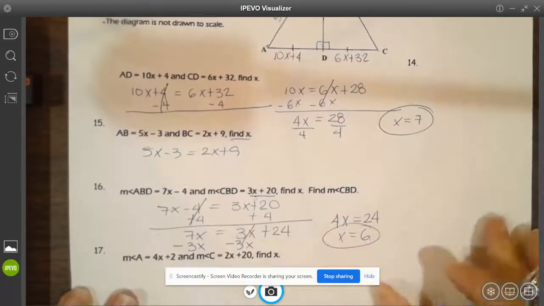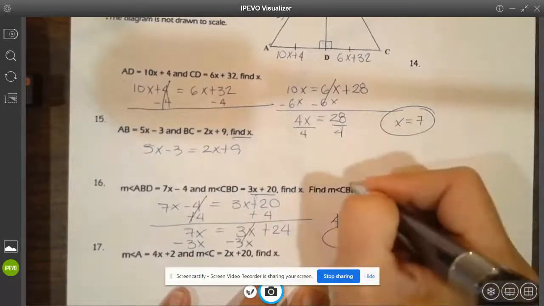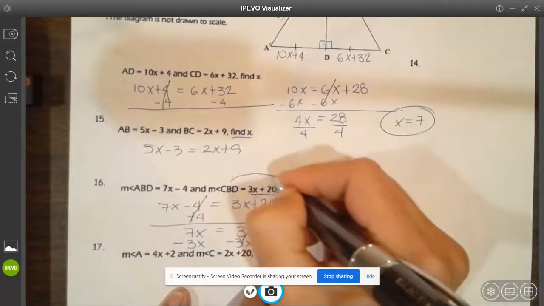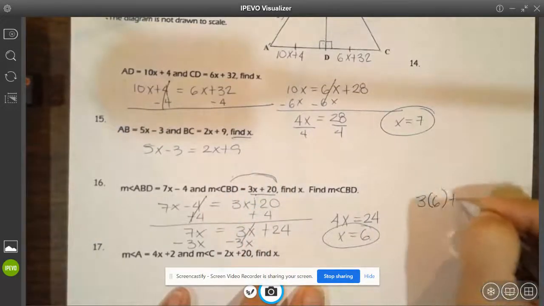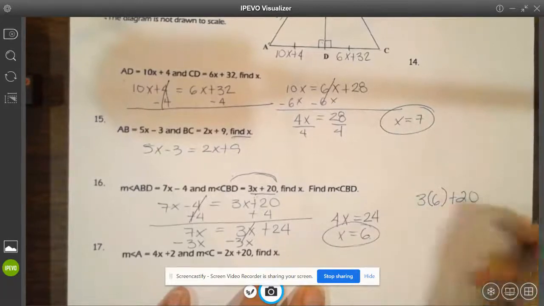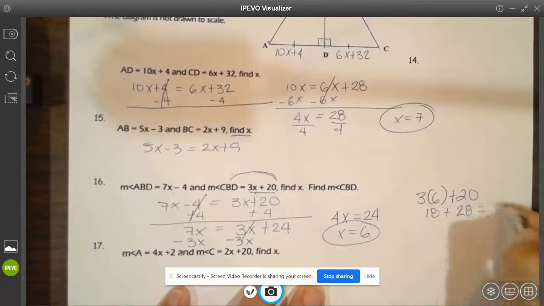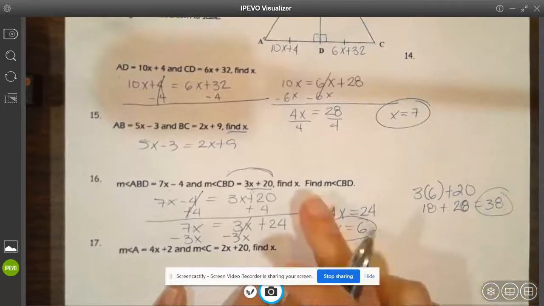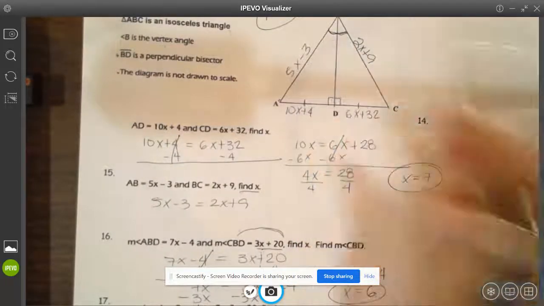Now we found x, 6. Now we have to plug it back into the one that we need, which is this one. So 3 times 6 plus 20. And that is 3 times 6, that's 18, plus 20, that's 38. And that's the value of that angle right here. And since this is 38, then this is 38 also.